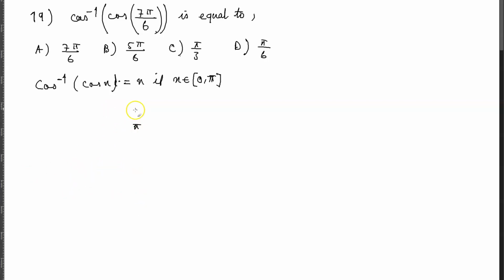Now if I use pi, I would get, for example, the cos of 7 pi by 6. The cos of 7 pi by 6, I can write it as, so I know that the cos of x, if I want to write it as pi minus some angle, would be basically the cos of pi minus x.